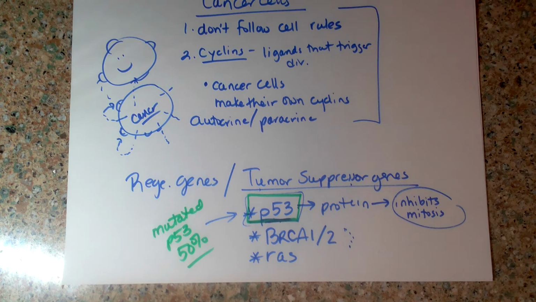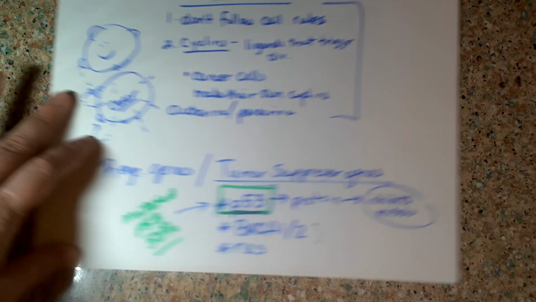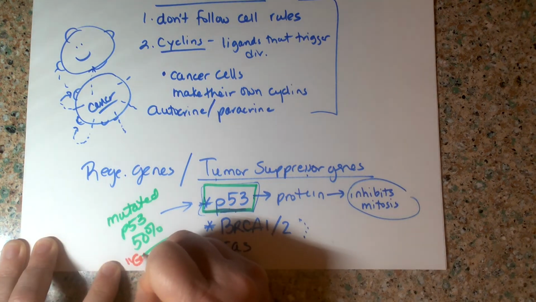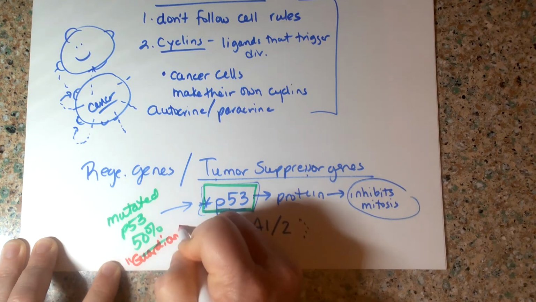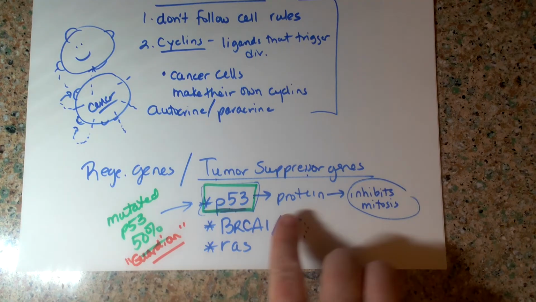So your P53 gene is actually referred to as the guardian of your genome. That's kind of a cool thing, because this is like your guardian angel gene. That guardian angel gene is constantly being turned on and off depending on what's going on in your body, making sure that it stops and inhibits that mitosis.